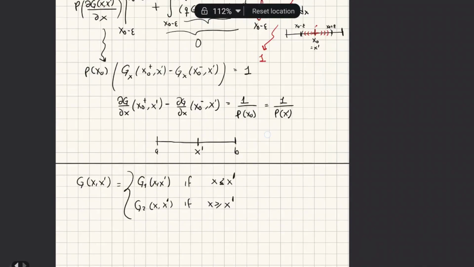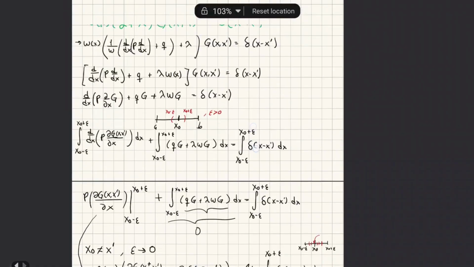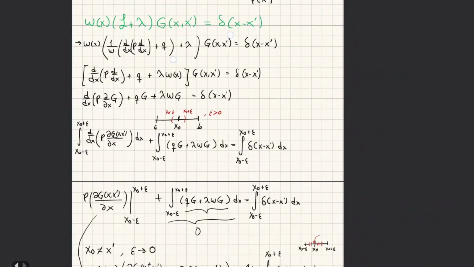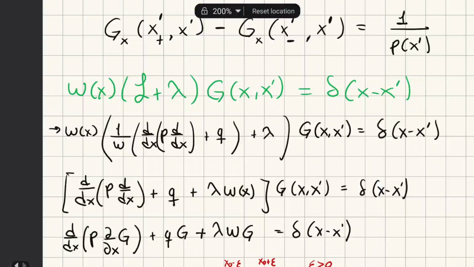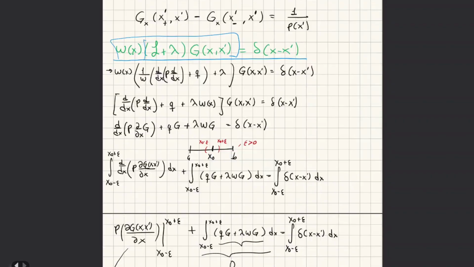Okay, if we go back a little bit, just to remind you of an important result that we had before, this one over here. From this, we can see that if we are located below the value x prime or above the value x prime, we can take this expression to be equal to 0, right? That is because we are not considering x prime.